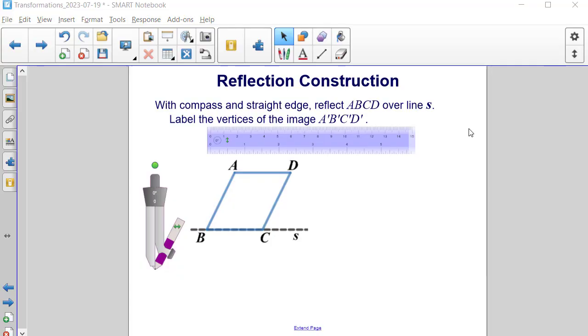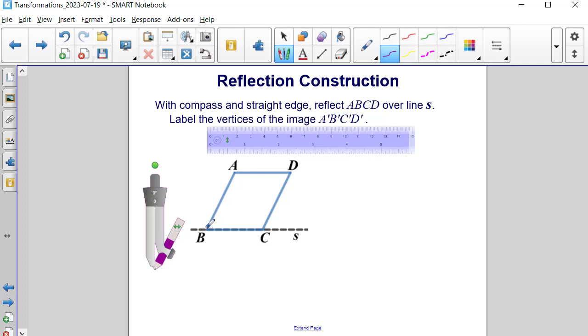Next, let's try another reflection construction. With the compass and straight edge, reflect quadrilateral ABCD over line S, and label the vertices of the image A prime, B prime, C prime, D prime. Notice that our line of reflection, line S, is on side BC of this quadrilateral.